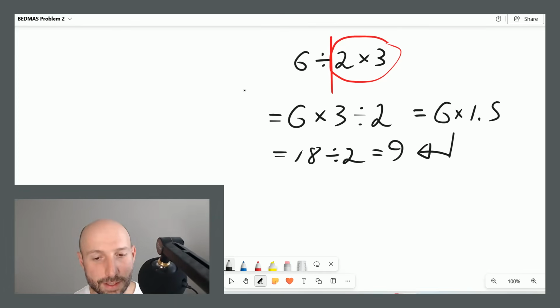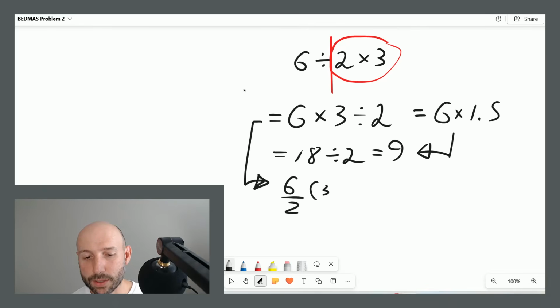That's also 9. Now, in this notation, that might seem confusing. Well, how come I can do 3 divided by 2 and multiply by the result, but I can't do 2 times 3 and divide by the result? But if you write it using the notation that professionals use during calculations, you have 6 over 2 times 3.